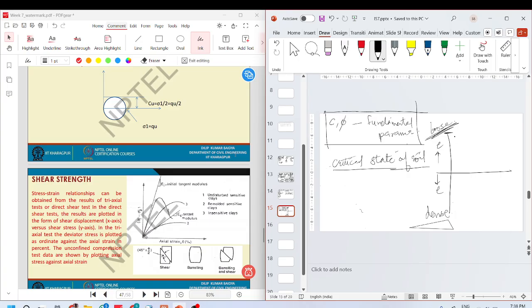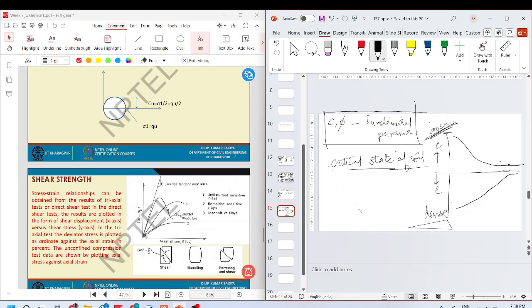I see that the loose sand will try to compress something like this, and the dense sand tries to loosen, and both of these try to reach a state of constant volume, as in beyond this, if I load this soil, there will be no volume change. This is the critical state of soil.